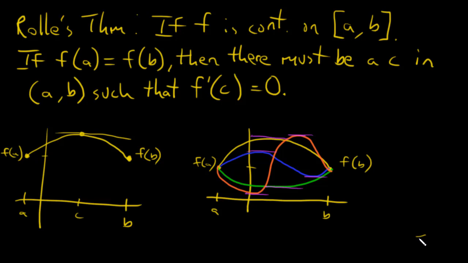So let's try that. Let me clear the screen. Okay, so let's say that we have, maybe as an example, function f of x is equal to x squared minus 3x plus 2.